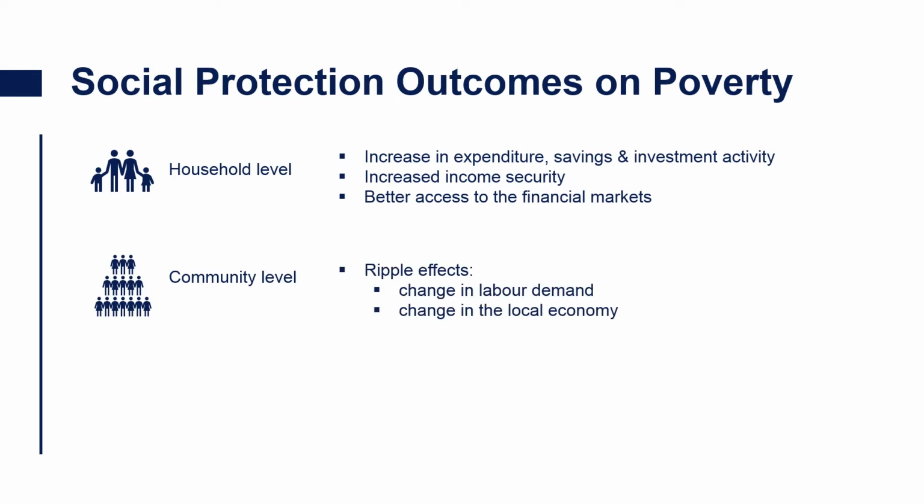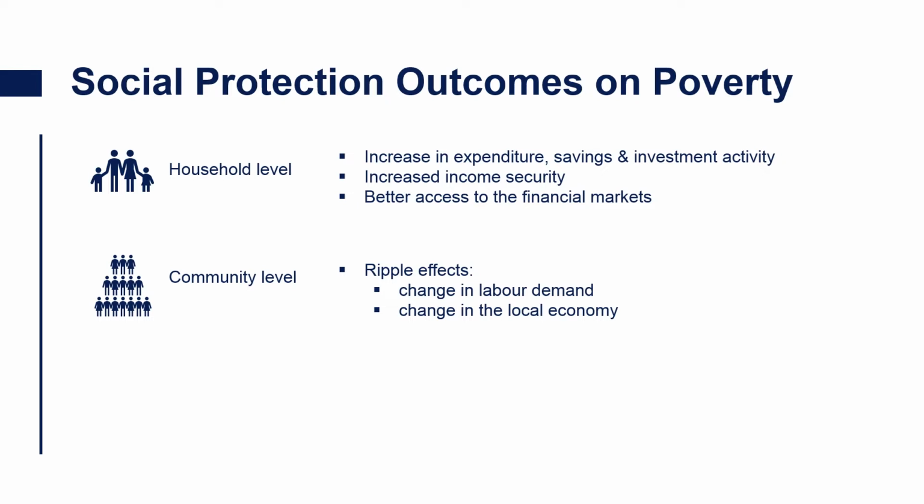Social protection also has ripple effects going beyond individual households, the beneficiaries of the social protection. At the community level, this can lead to ripple effects. A common myth is that social protection disincentivizes participation in the labor market.